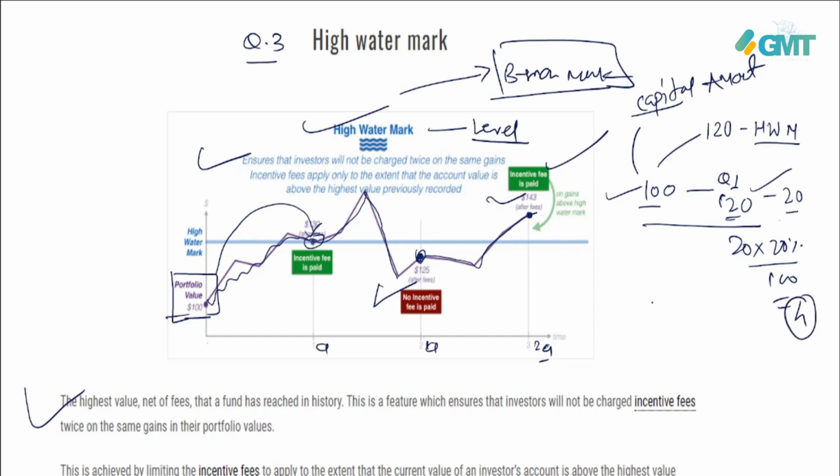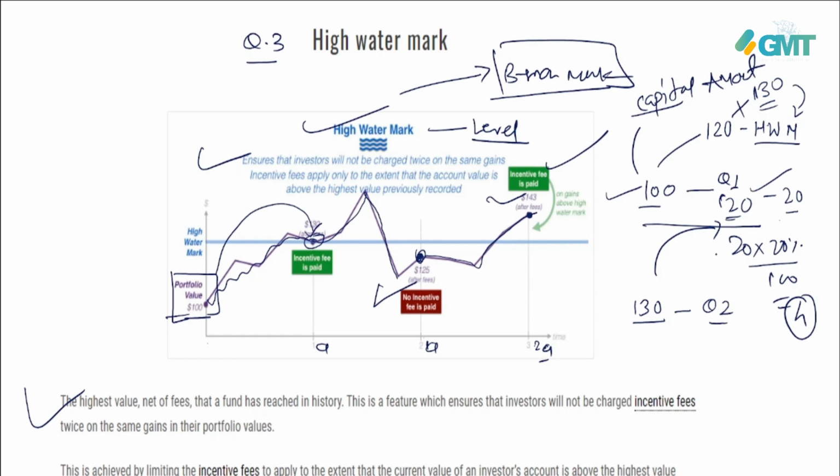What about quarter 2? Let's say at quarter 2, the limit was set, which is 130, right? The high water mark which was set is 130, and in quarter 2 again, let's say we have reached it. Then what about the calculation?